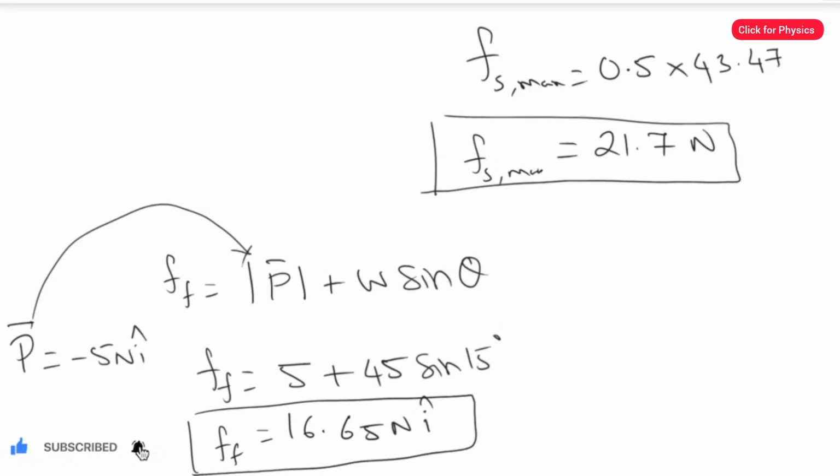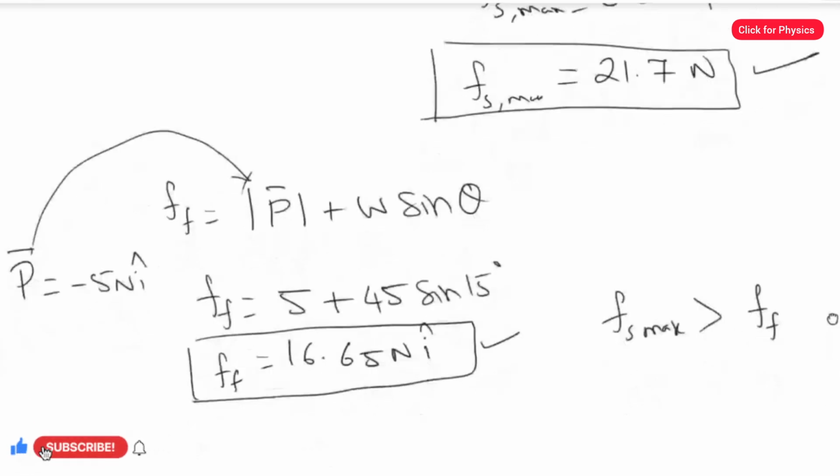Now we have to compare the maximum static friction value with this value. Here you can see the static friction value is greater. That means our Fs max is greater than F. If the maximum static friction is greater, then the block will not slide; it will be at rest.